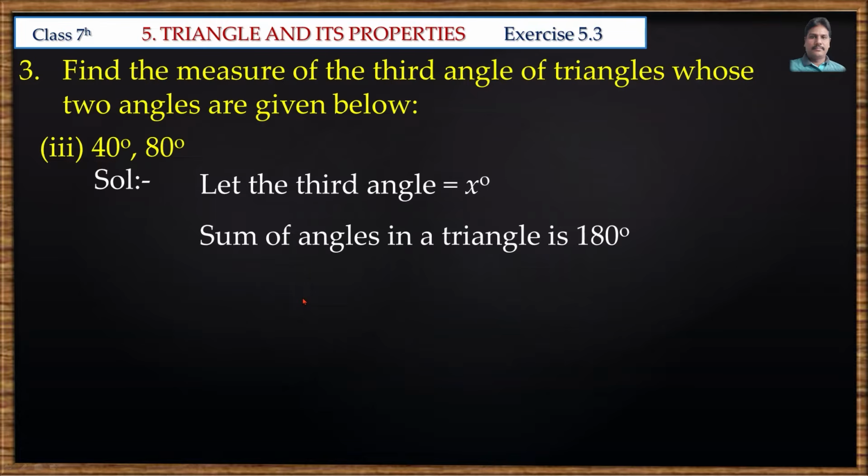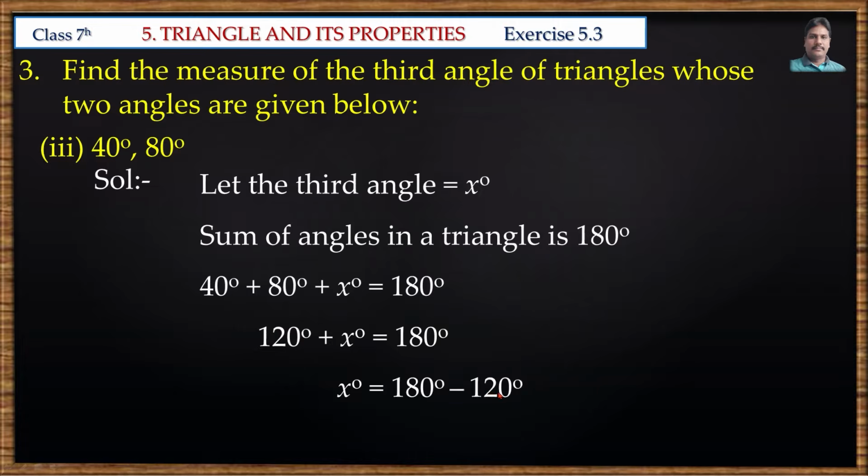Therefore, 40 plus 80 plus x is equal to 180 degrees. 40 plus 80 becomes 120. 120 plus x is equal to 180 degrees. Transpose 120 to the right side, x is equal to 180 minus 120. Therefore, x is equal to 60 degrees. So, 60 degrees is the third angle.